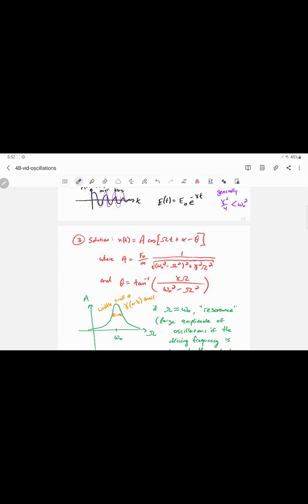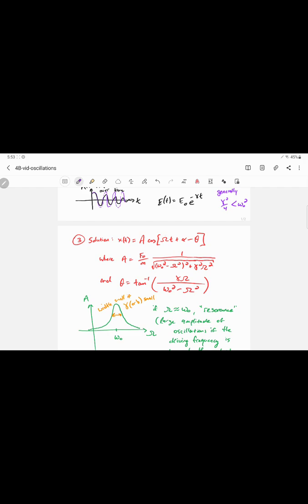So in other words, when someone's pushing someone on a swing, that push is a maximum, but that push doesn't occur at the same time that the child is at the maximum amplitude. That probably makes sense, right? The push isn't going to be where the child is at the maximum position. It's maybe when they're at equilibrium or sometime before the maximum.